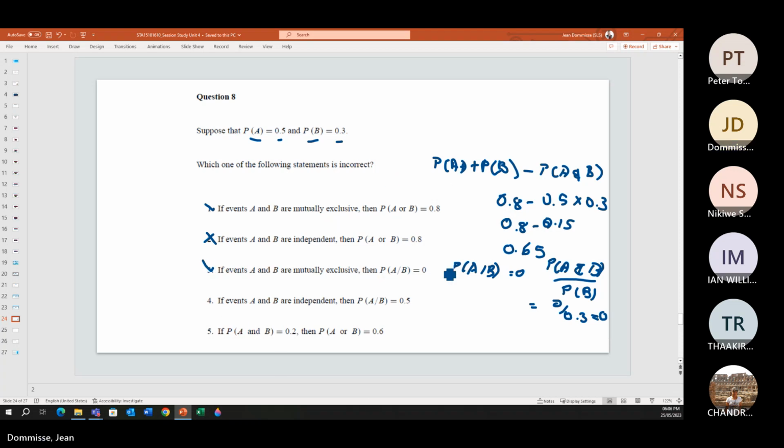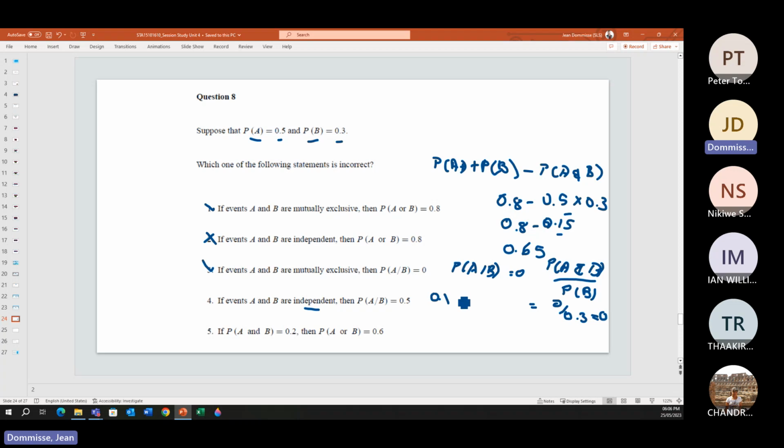Then the follow-up will probably be the independent one. So if events A and B are independent, the probability of A given B is equal to 0,5. So let's now see. For A and B, we worked it out as 0,15.